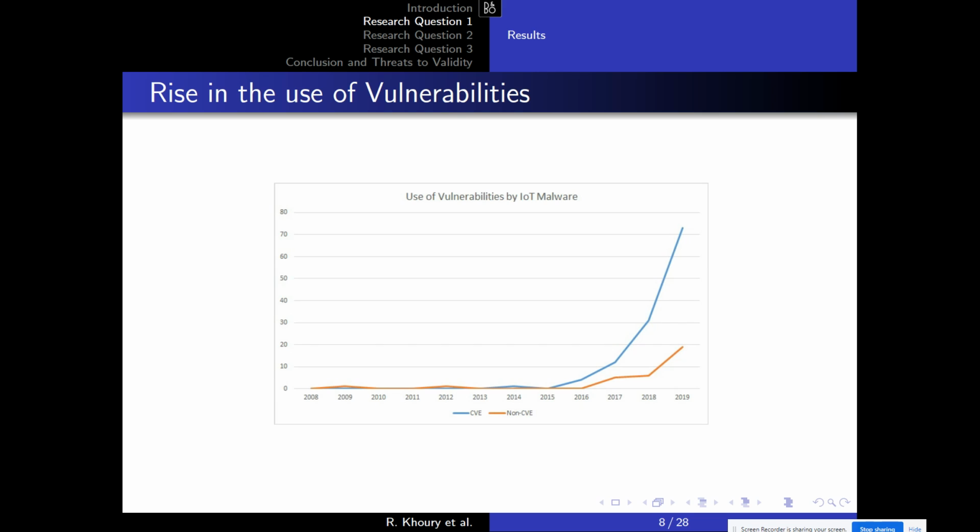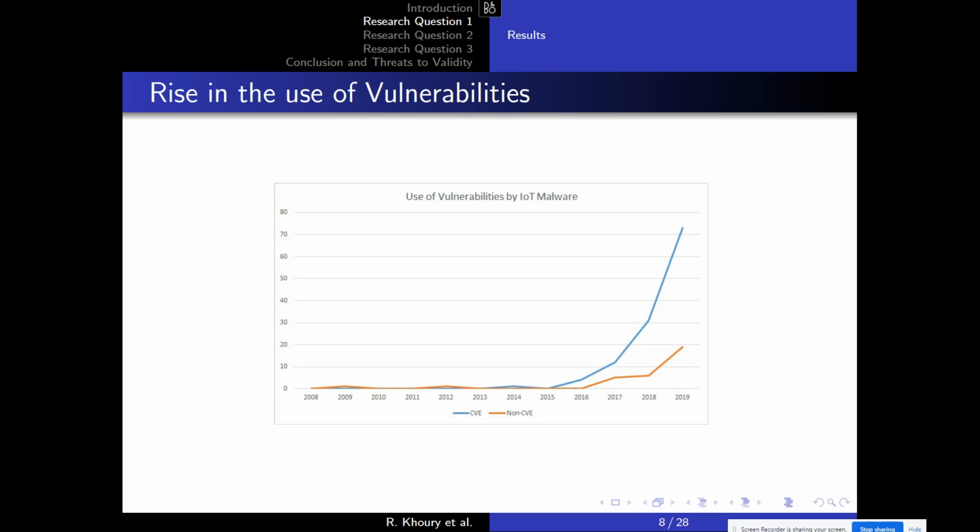This is the cumulative number of vulnerabilities that are exploited by IoT malware by year. In blue, there are CVE vulnerabilities, the ones that are documented in the NVD database, and in orange, there are non-CVE vulnerabilities.